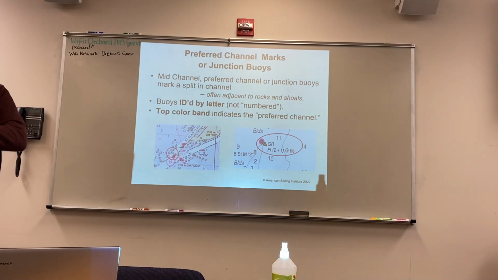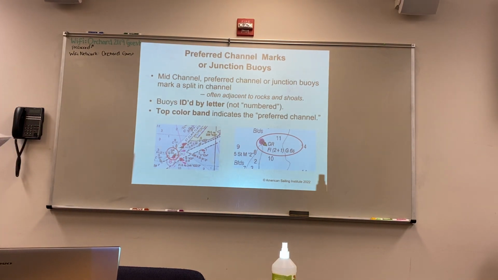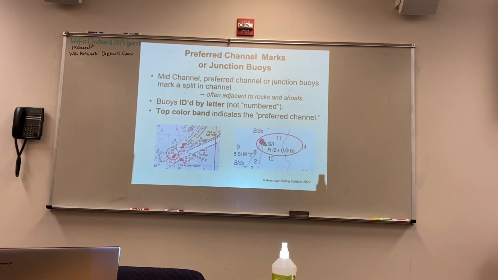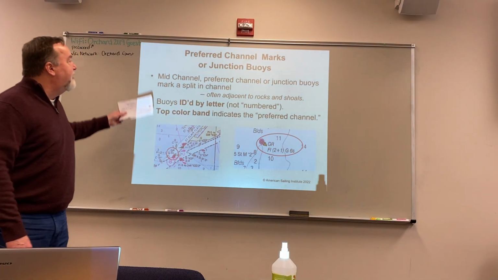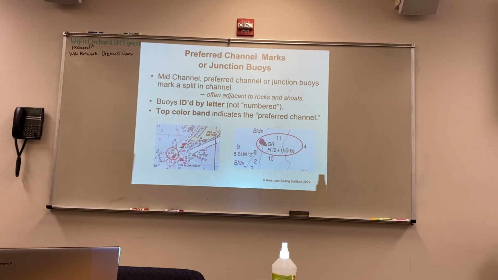It just means that one way or the other is the preferred channel, the more direct route, especially for larger vessels. But it doesn't mean you can't take the other direction. It just means that one direction is the preferred direction. And usually these occur adjacent to rocks or shoals or a point of land or something that dictates the channel is going to have an intersection.